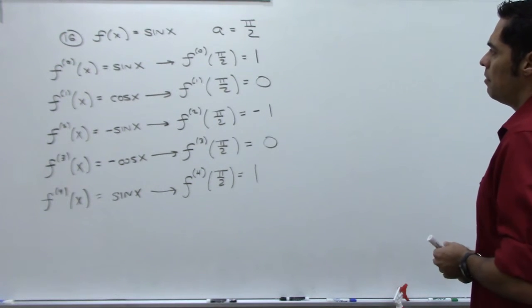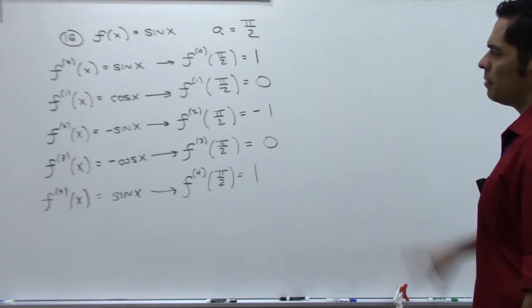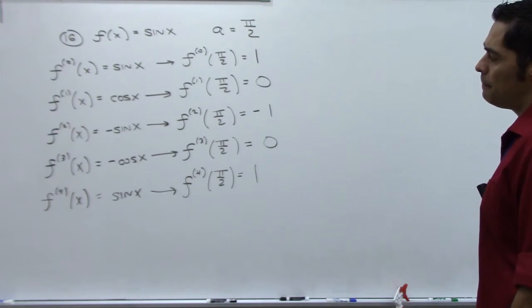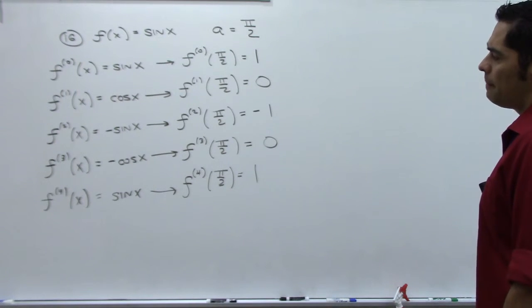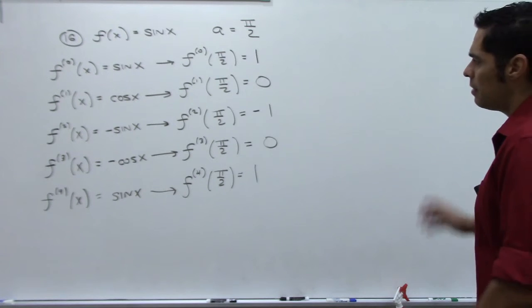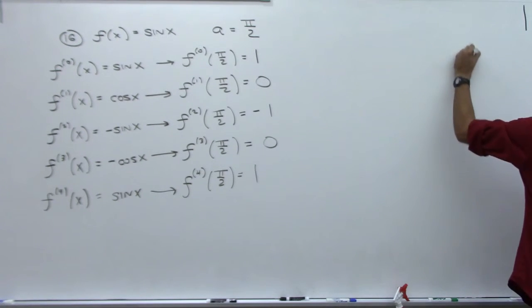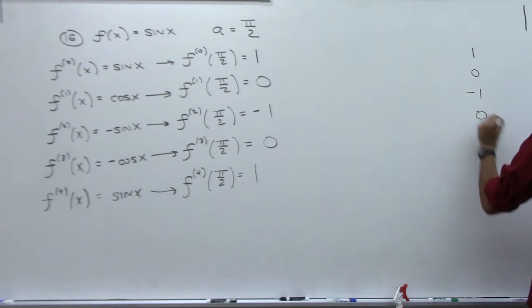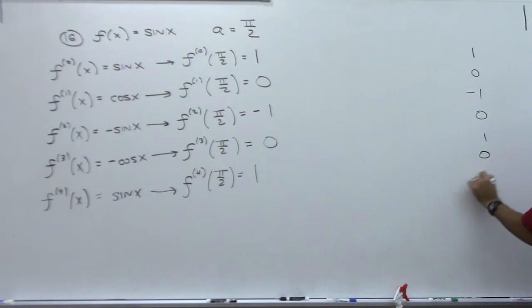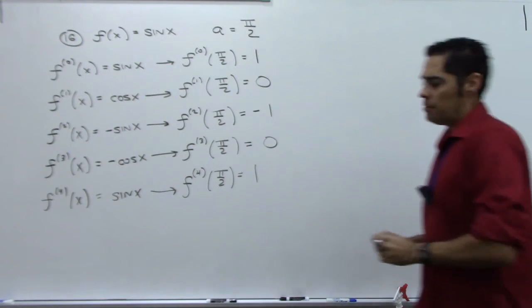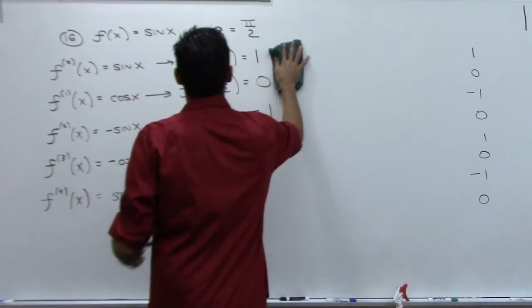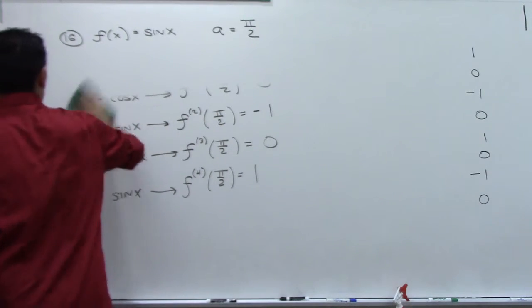So for this one, because I don't have a nice clean formula that I can write for the c sub n, I'm going to write out these values. I'm just going to remember 1, 0, negative 1, 0, and then it repeats. I'm just going to write it out for sine of x. So here we go.